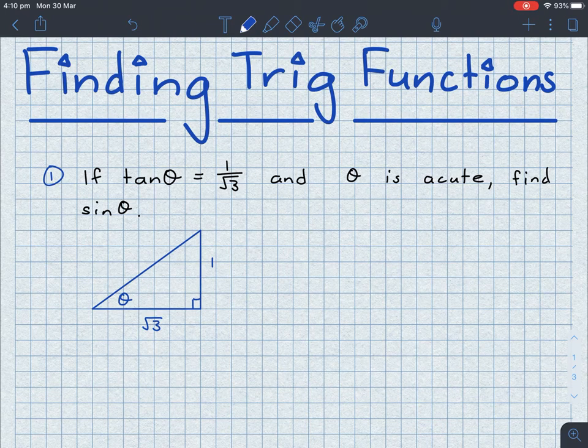Otherwise, using Pythagoras, it's the square of one short side plus the square of another short side, which equals 1 plus 3 is 4, square root of 4 is 2. Just positive 2 because we're talking about lengths. We don't need plus or minus. So now sine theta is opposite on hypotenuse, which is 1 over 2.